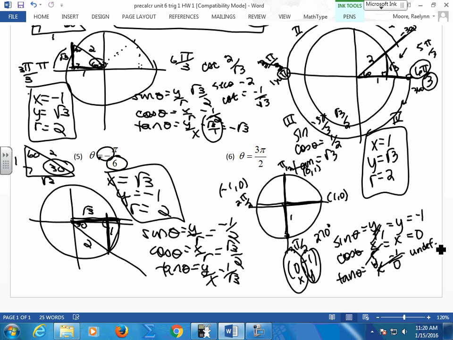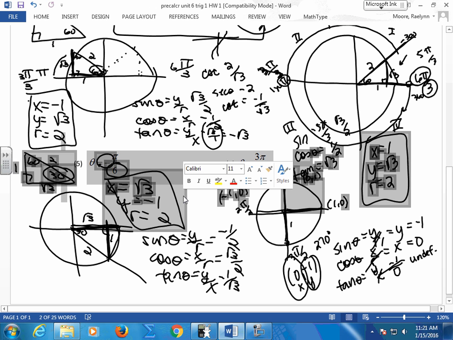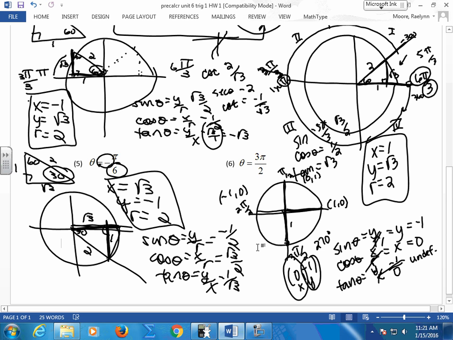Remember grabbing those tangent curves when we did those? This was your tangent graph. Your tangent went like this. Got cut off at the 90 and did an asymptote. Got cut off at the 270, did an asymptote. They didn't make a continuous curve, and that's why. Because we can't divide by 0.